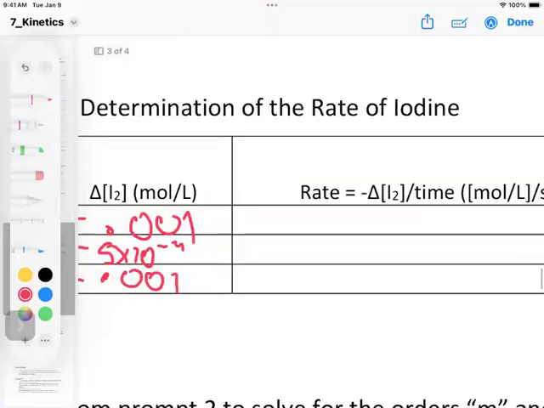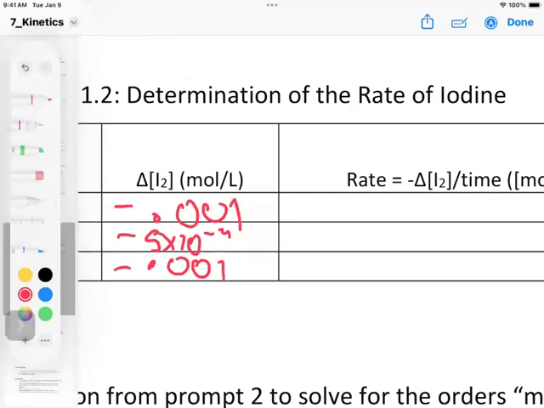And the rate is the negative delta iodine, so it'll become positive again over time.